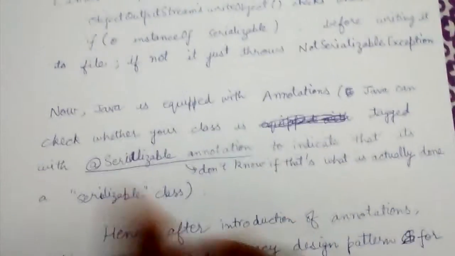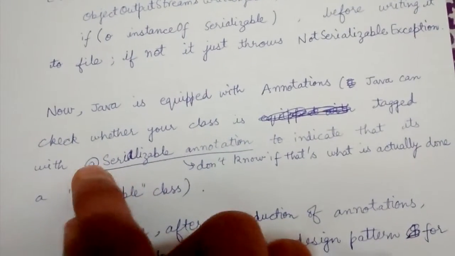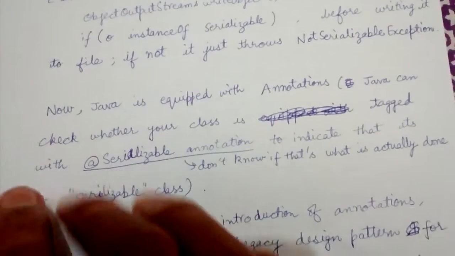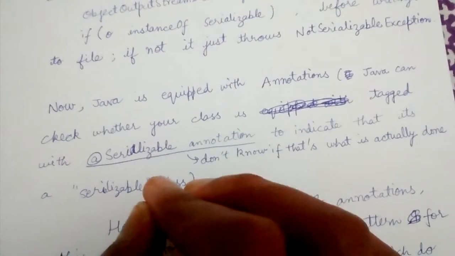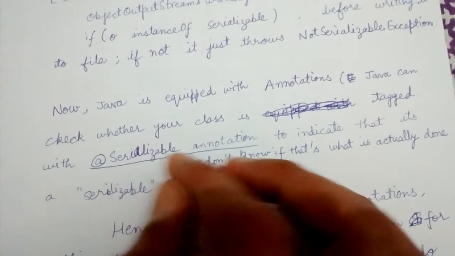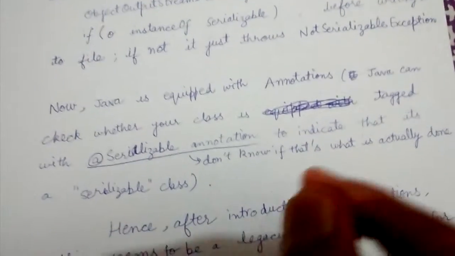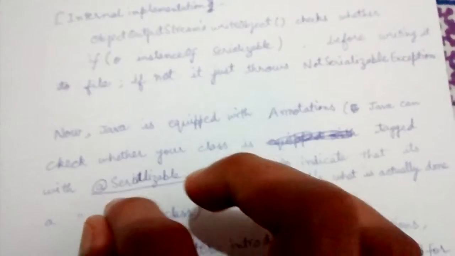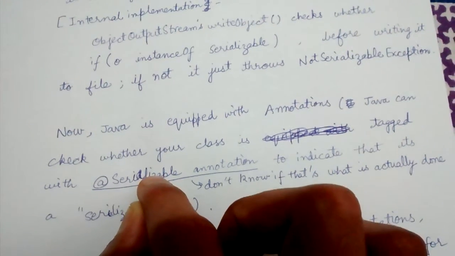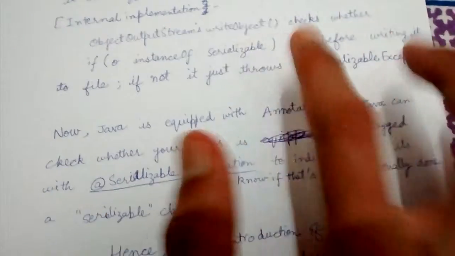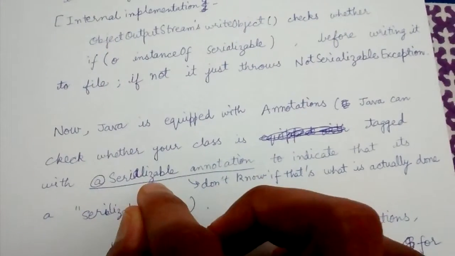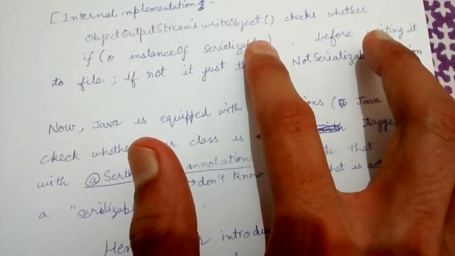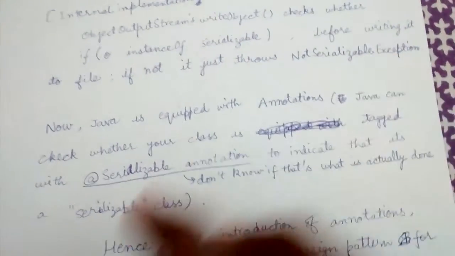So let's say you are tagging your class with @Serializable, then you need not implement that Serializable interface. Whenever ObjectOutputStream is writing that object, it will check whether this annotation is present on my class. If it is present, I will write it to a file. If this annotation is not present, I will not write that object to file. I will instead throw NotSerializableException.